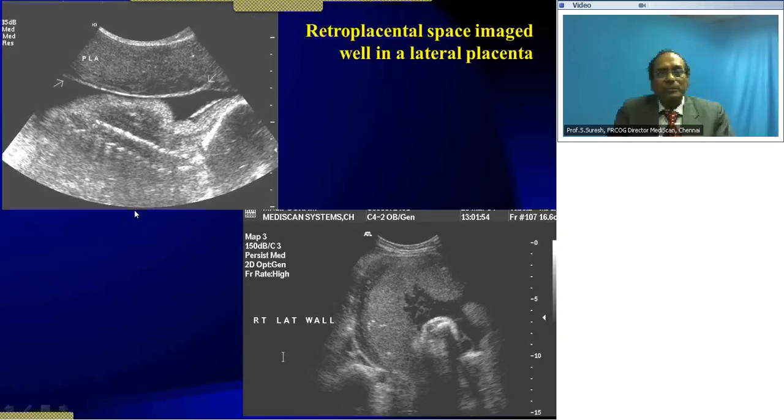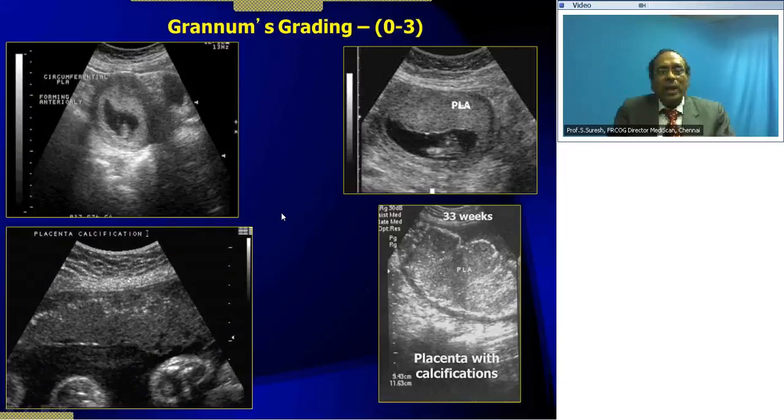Now placental grading has been proposed by Grannum, grade 0, 1, 2, 3, where grade 0 is completely smooth. Then you have the chorionic plate and then the calcifications in the placental substance, and you have complete intense calcifications in there.